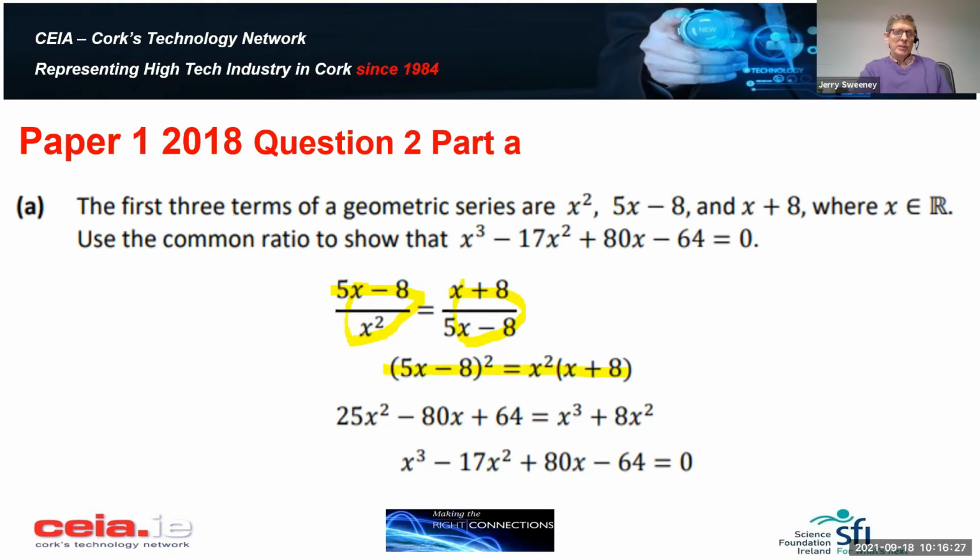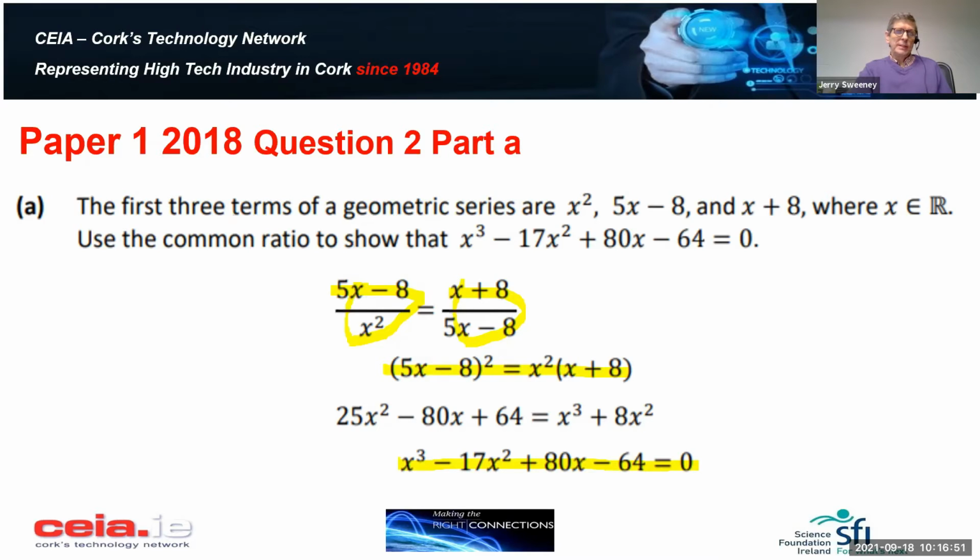By rearranging the terms, we have solved the first part of the question. All you needed to do to understand this was to understand that the ratio of the first and second term in a geometric series was the same as the ratio of the second and third term.